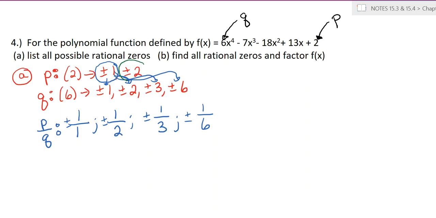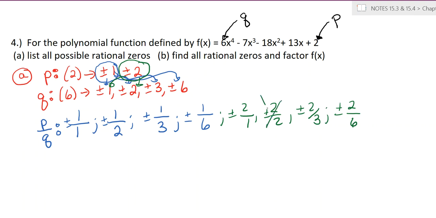Then I'm going to take the 2 and repeat that process. I have 2 over 1, 2 over 2, 2 over 3, and finally 2 over 6. Now, you will notice some of these repeat. 2 over 2 is a duplicate of 1 over 1, so I don't need to relist that.